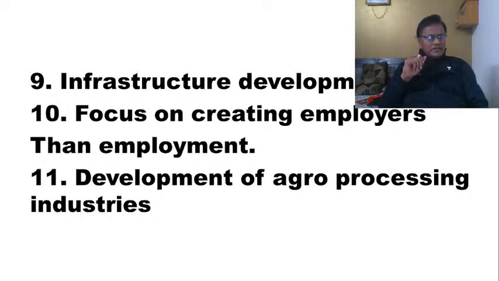Next important dimension of inclusive growth, even though it is not mentioned here, is backward sections of society, socially backward sections of society. If you take India, unfortunately, we have so much of heterogeneity, so much of diversity.